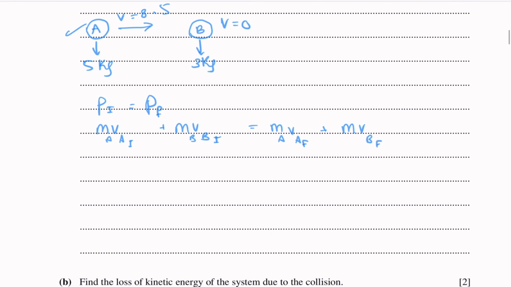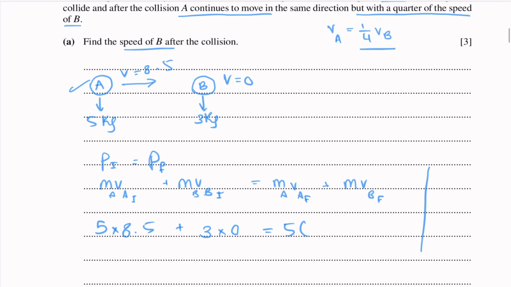Mass times velocity of A is just 5 times 8.5, plus mass times velocity of B is 3 times 0, which must equal the mass of A, 5, times its speed, which we said already was 1/4 the velocity of B.